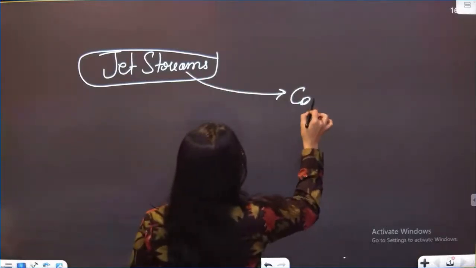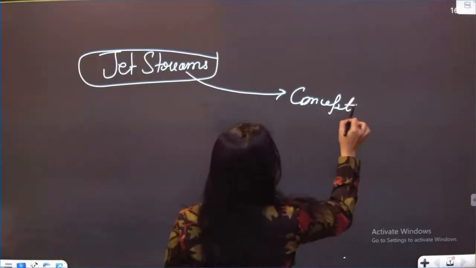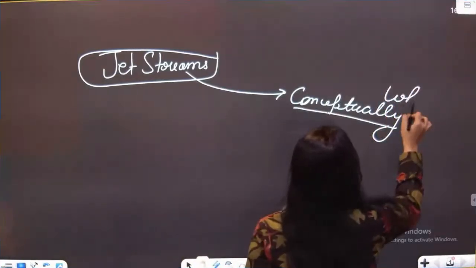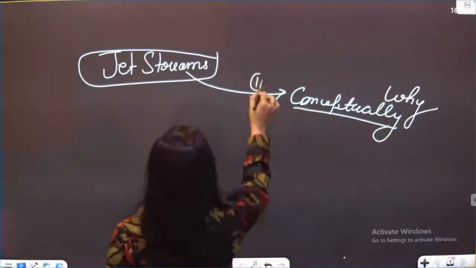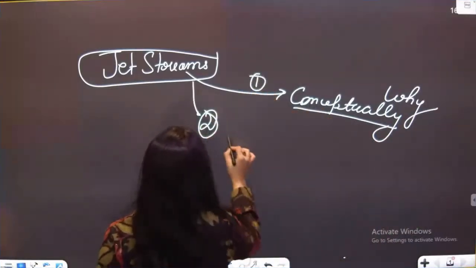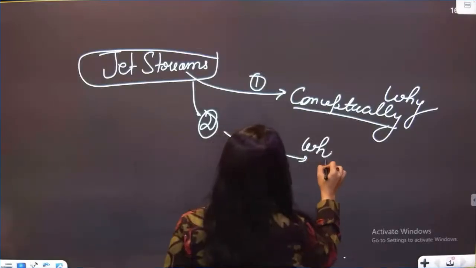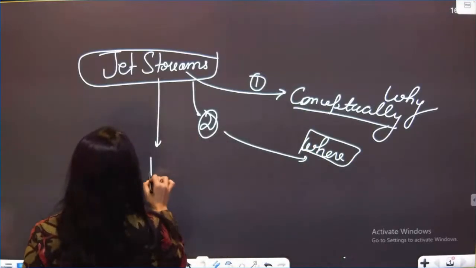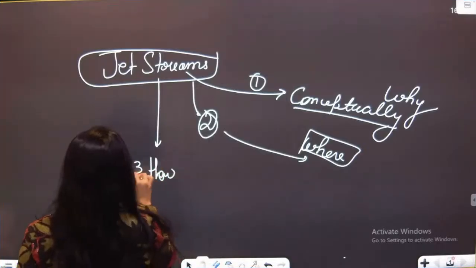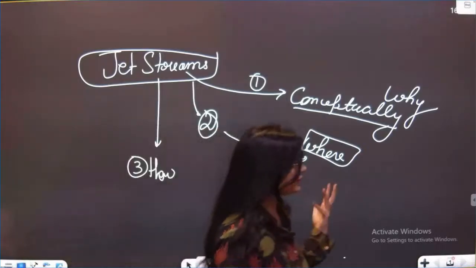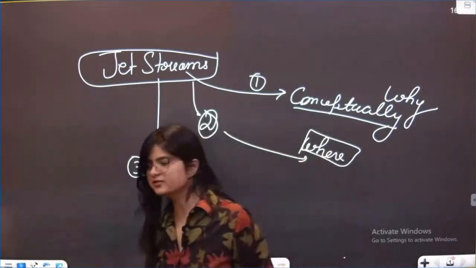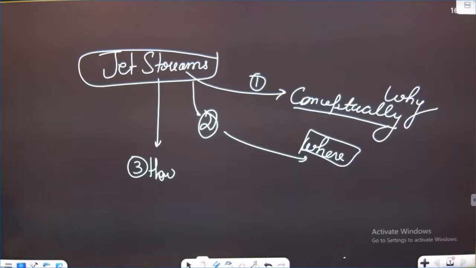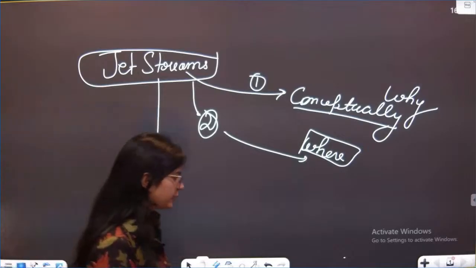One, that conceptually you are aware of why jet streams are happening. Second, you should be aware of where they are happening. And next, how they are happening. So if you know the why, where and how of the jet stream, then I believe that you don't need to mug up any other part of it.